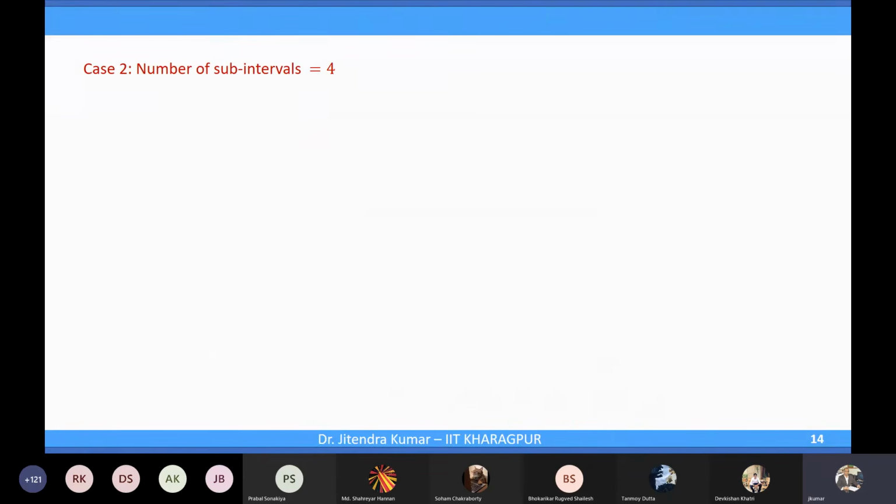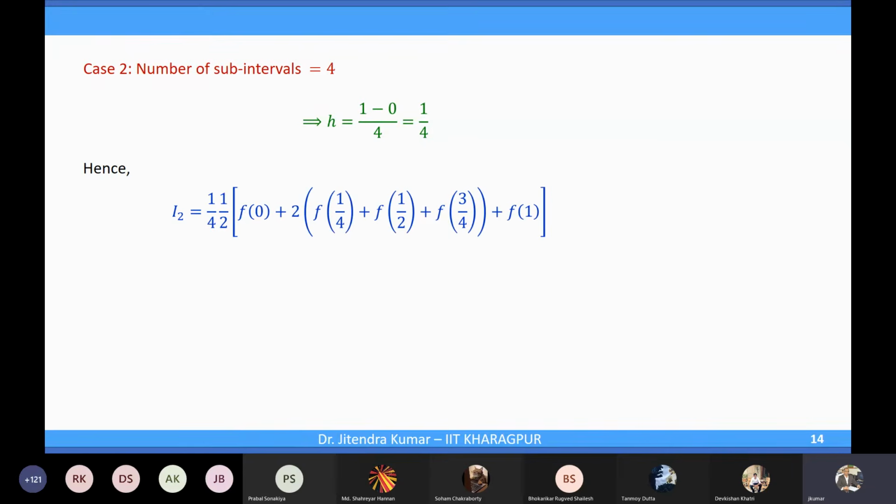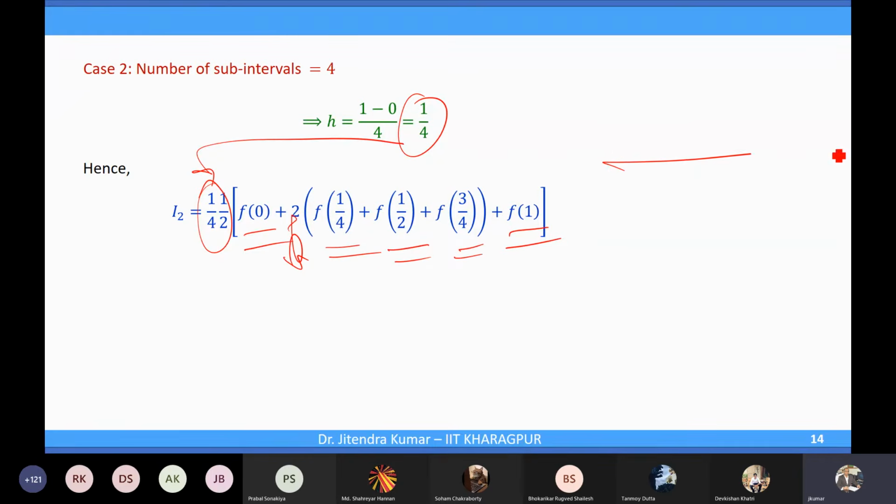We will also see the number of subintervals 4. Then of course h is 0.25, so the interval width is 0.25, going from 0 to 1. Again you apply that formula: half of this h, then f0, f1, and 2 times the values at 1 by 4, 1 by 2, 3 by 4, because your points are 0 and 1, here you have 1 by 2, here 1 by 4, and here 3 by 4.